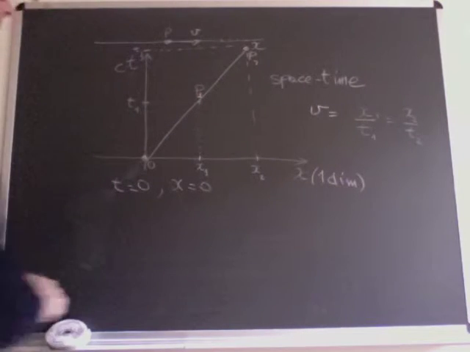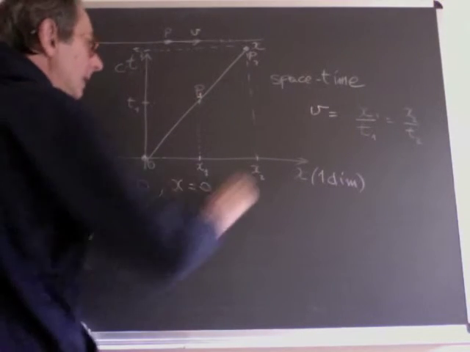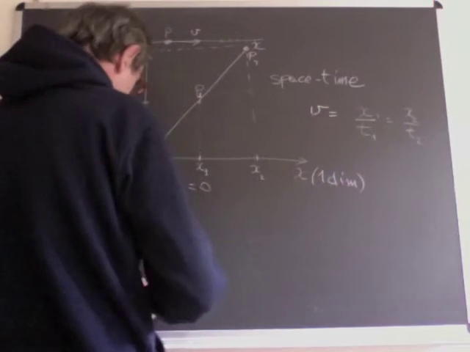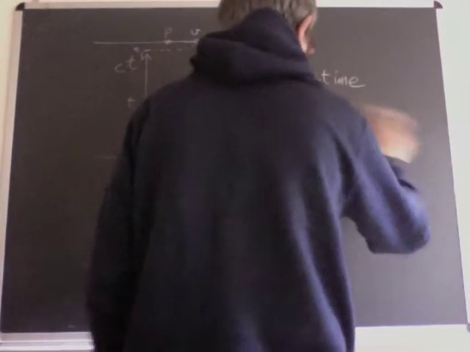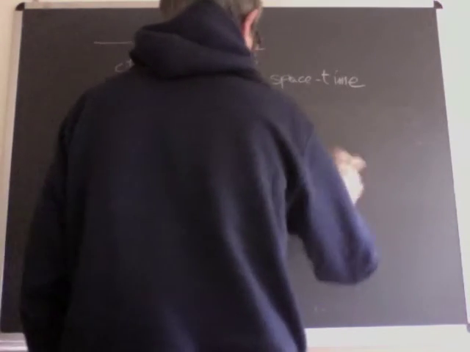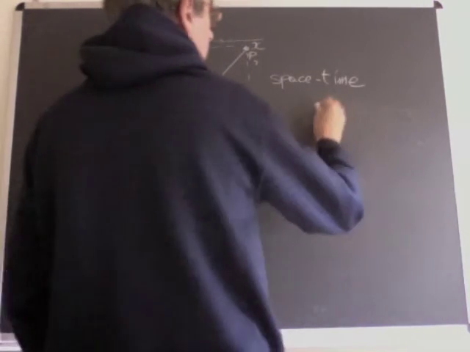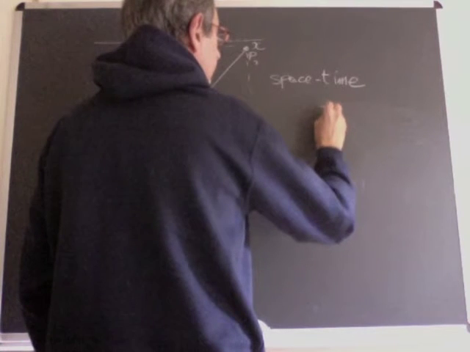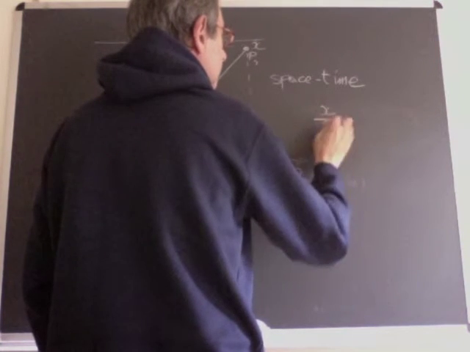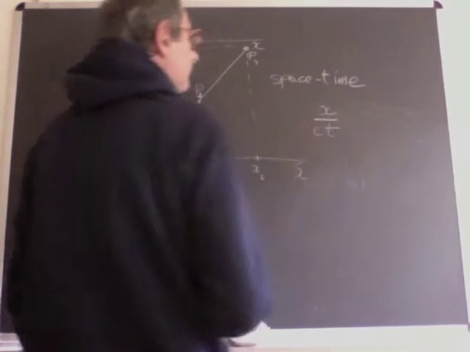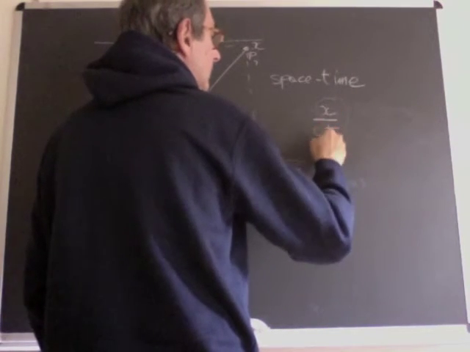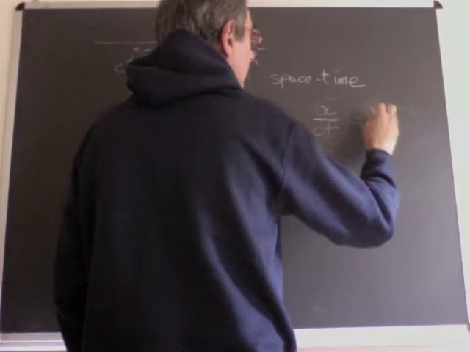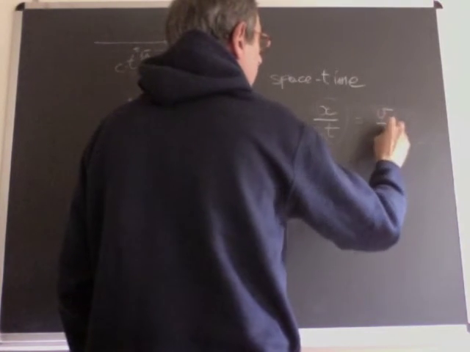In this way, instead of having this ratio, we have another kind of ratio. We have the ratio between x and c over t. But as we know that x over t is v, this ratio here is v over c.